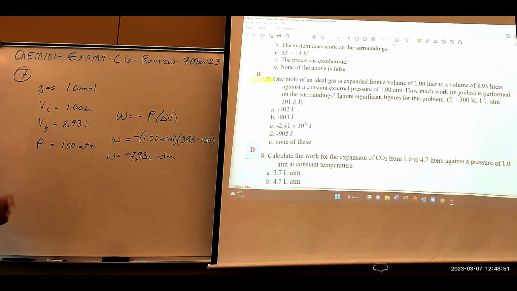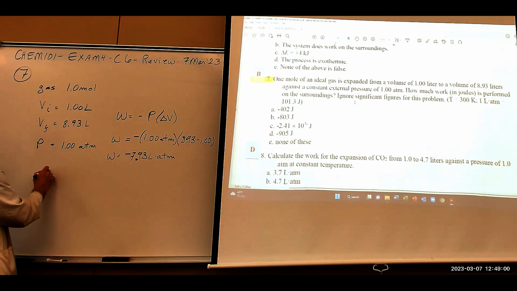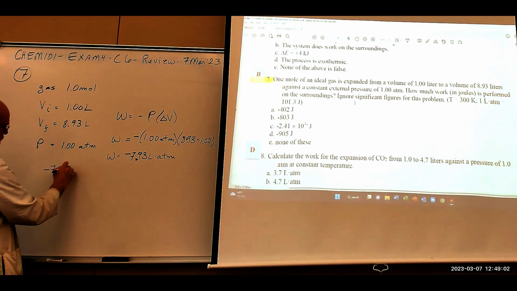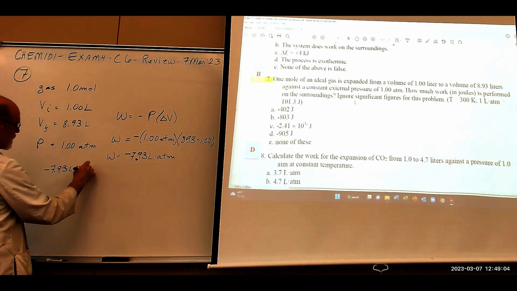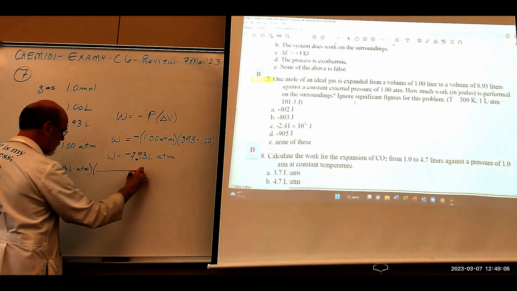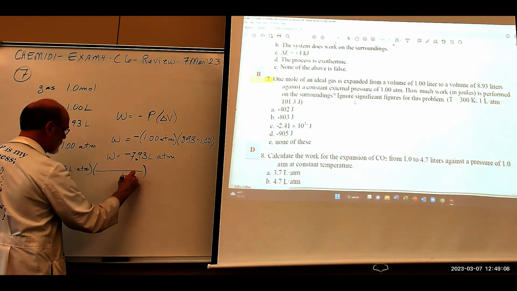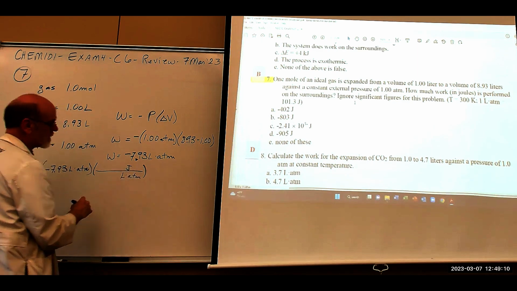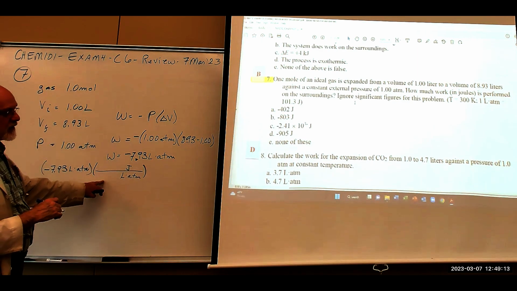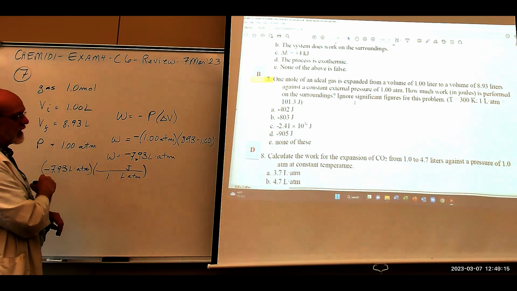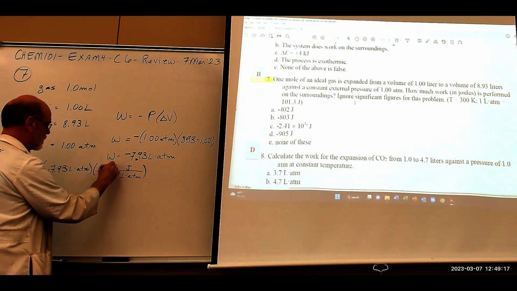7.93. Now we need to convert that to joules. And we have our equivalents there. 1 liter atmosphere equals 101.3 joules. So minus 7.93 liter atmospheres, we're going to convert that. Liter atmospheres down here, joules up here. So 1 liter atmosphere is 101.3 joules.